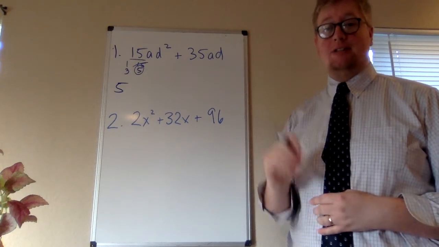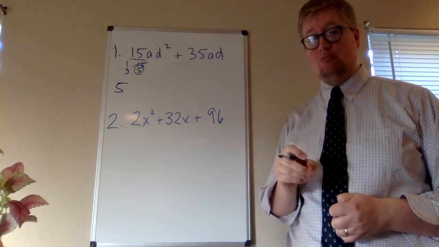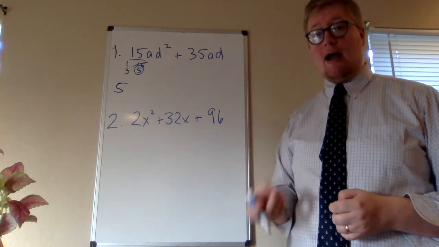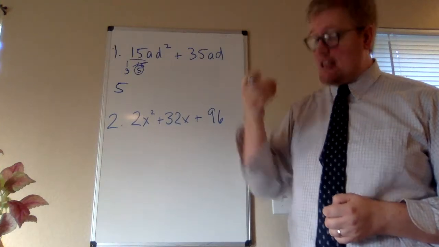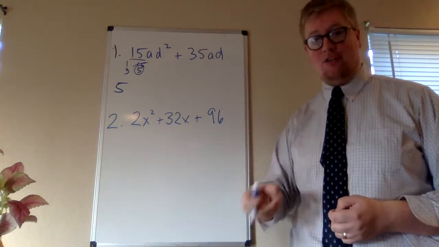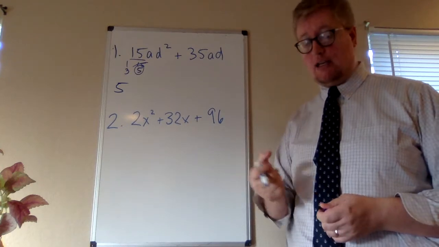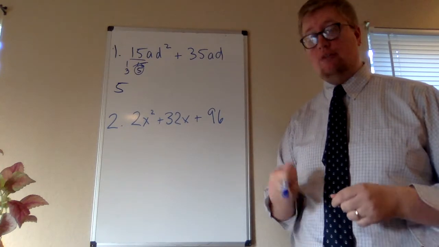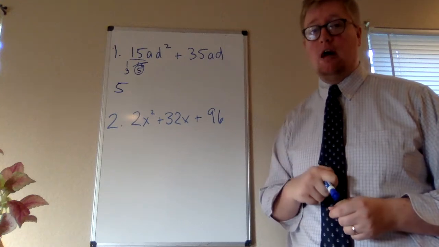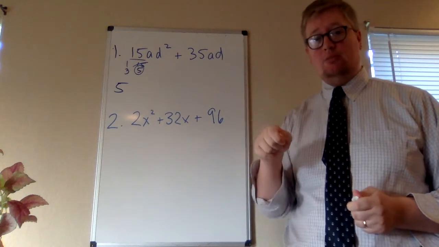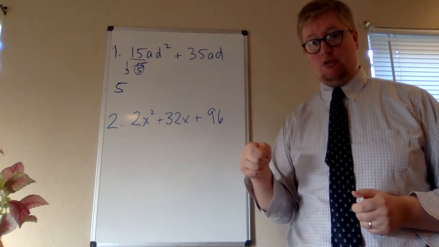That's the first part. The second part has to do with the variables. Now, for every variable in the problem, you ask yourself, does each term have this variable? So there's two variables in this first problem, A and D. And if we want to see if those variables are part of our greatest common factor, we have to make sure that variable is in both terms.